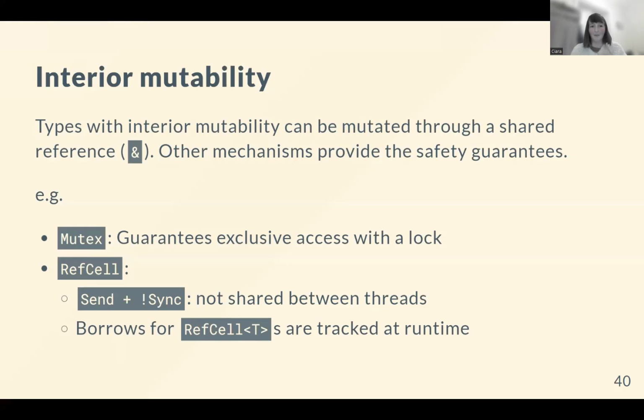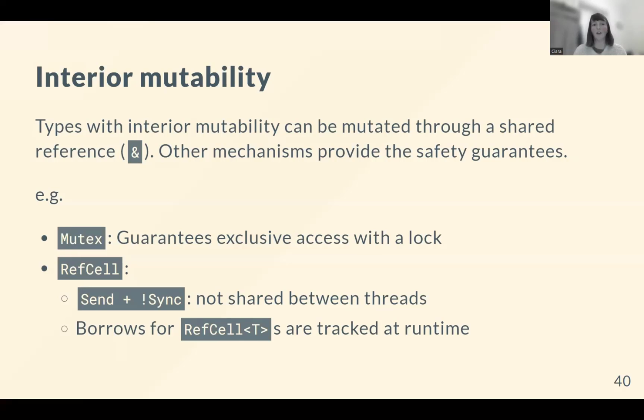The next topic to talk about is interior mutability, and this is where it becomes really helpful to have referred to them as shared references and exclusive references, because when you're dealing with a type that has interior mutability, you can mutate the data using a shared reference, even though that shared reference is not a ref mut, it's just a ref, but it's a shared reference. And if the thing has interior mutability, that means I can change it.